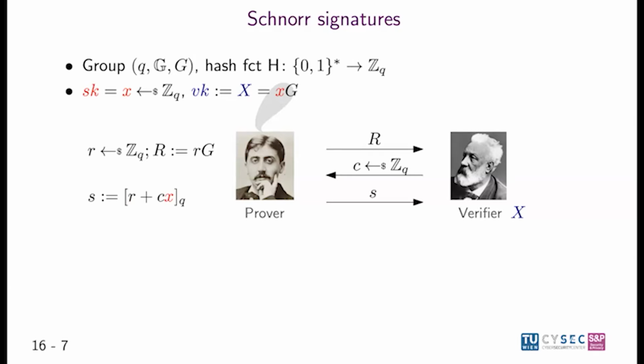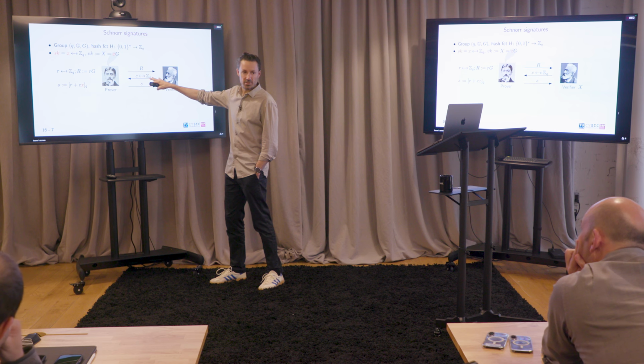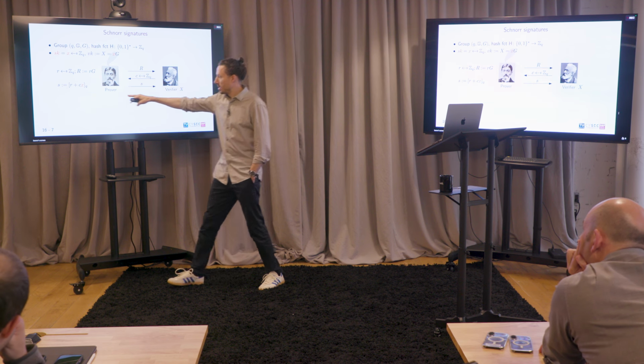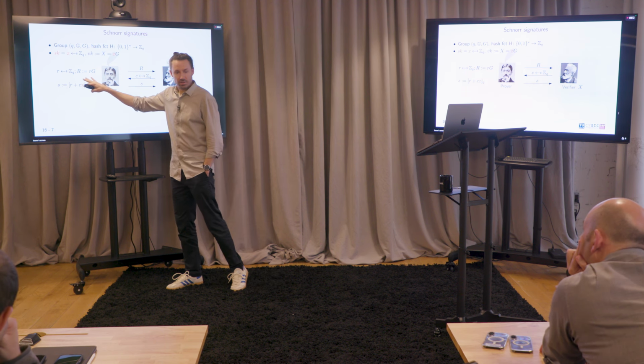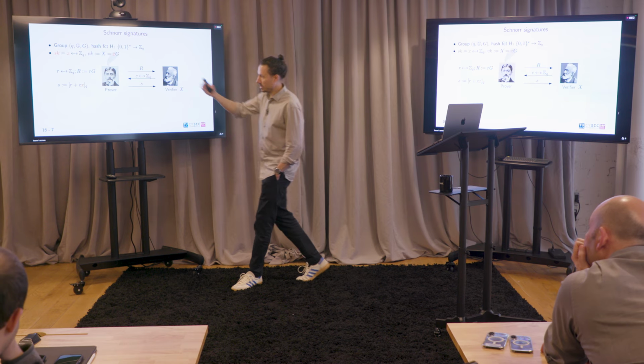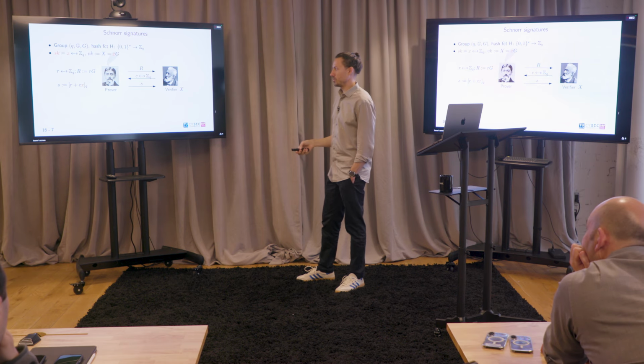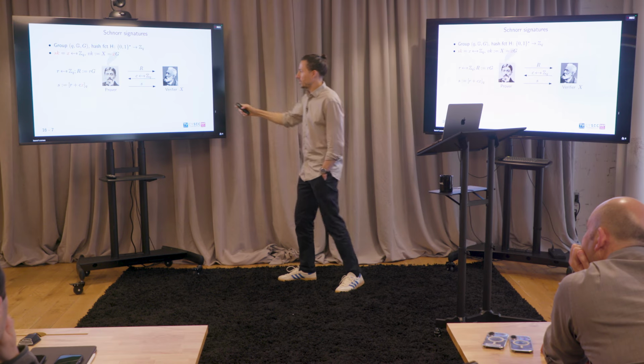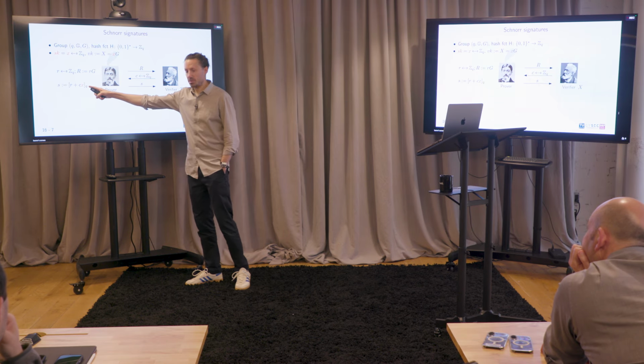And you can show that if the prover convinces the verifier, it should do so for a lot of challenges c. And if you get 2 s's for 2 different c's, then you can basically from these 2 equations compute the secret key. So that's why it's really a proof of knowledge. You can only do this if you know x. Okay, how can the verifier check whether s has this form?